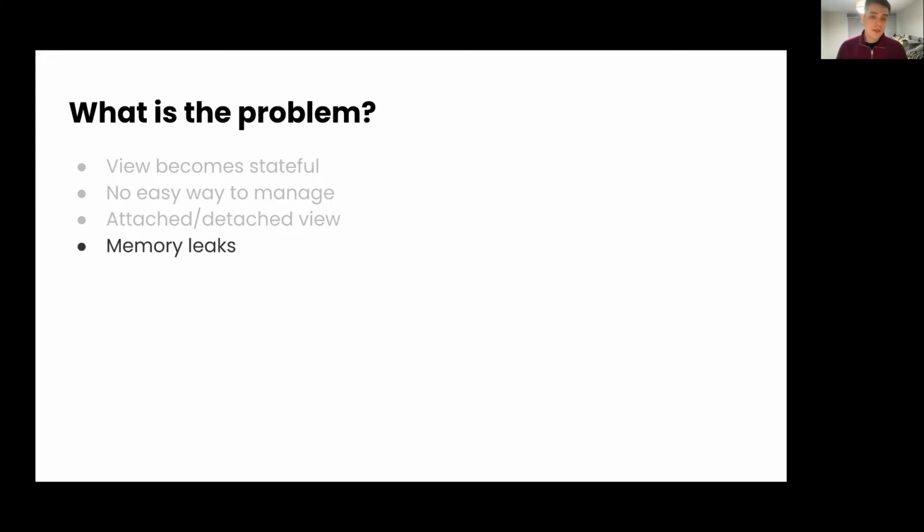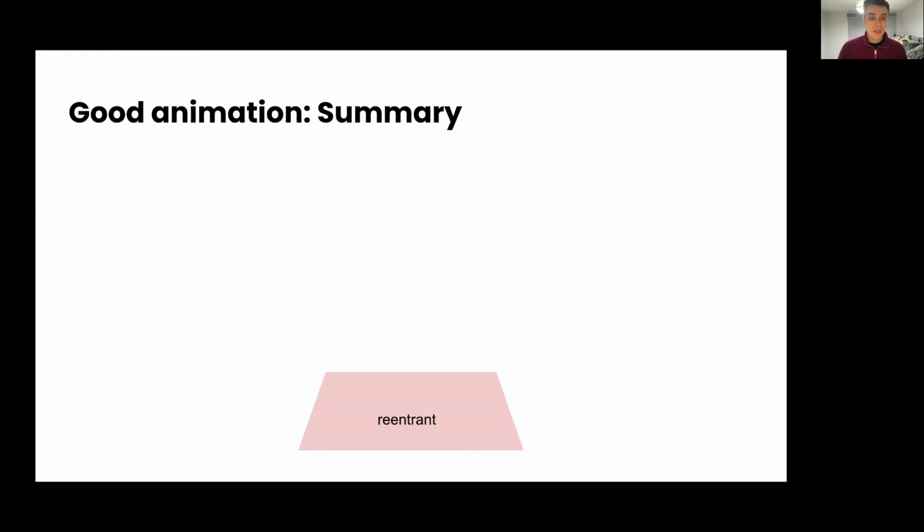And also memory leaks can occur, right? When animations are launched, we often add all sorts of listeners to monitor their progress, and these listeners might not be removed correctly, and we might leak some view context through them and stuff like that. So yeah, also not very convenient.